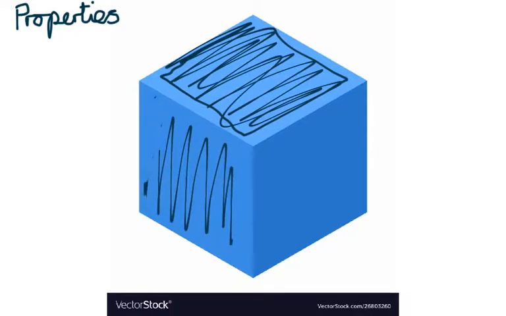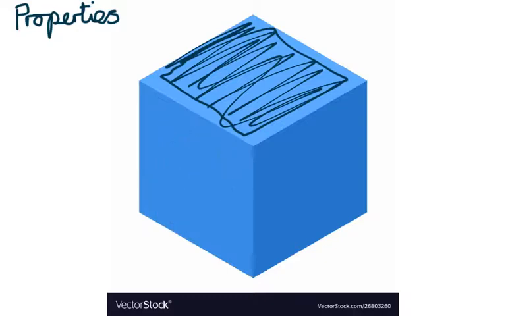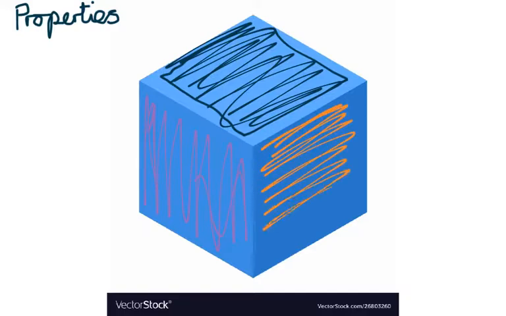On a cube, we've got 6 of them. If you think about a dice, the sides of the dice. In this picture, you can see 3. 1 is hidden underneath and 2 are hidden round the back. So it's got 6 of those flat parts, and those are called the faces.